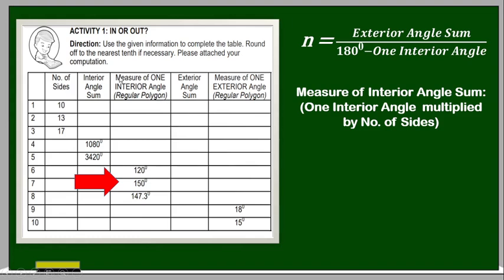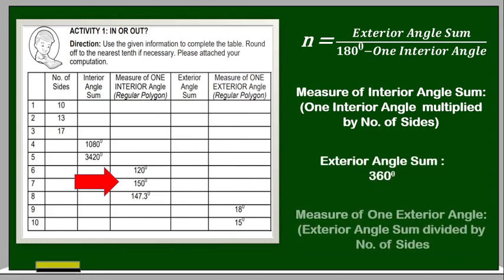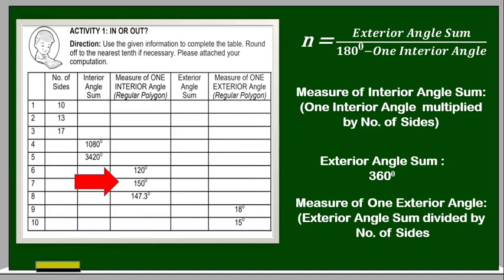Again, to compute for the interior angle sum, take the measure of one interior angle, which is 120, multiplied by the computed number of sides. Then the exterior angle sum, and then the measure of one exterior angle: the exterior angle sum, 360, divided by the computed number of sides.